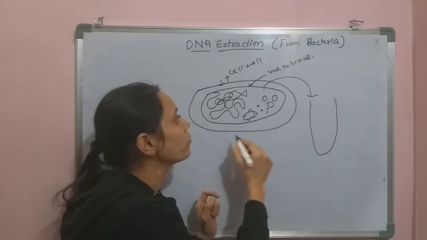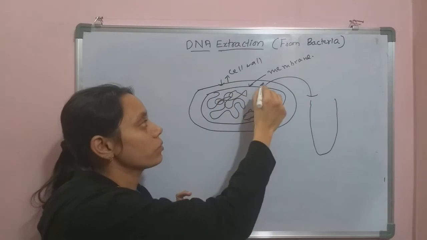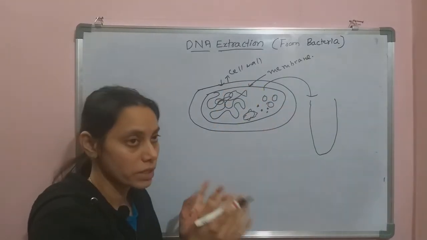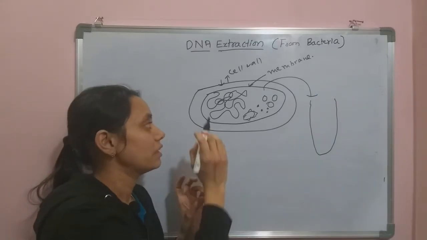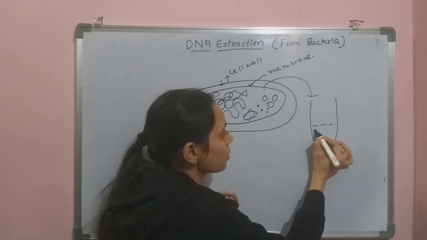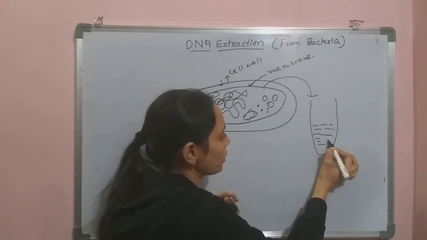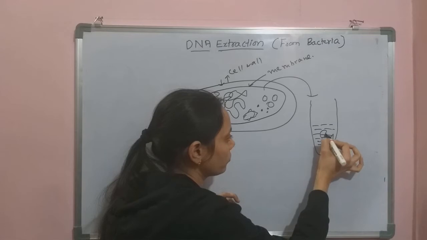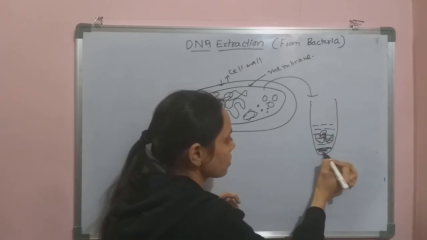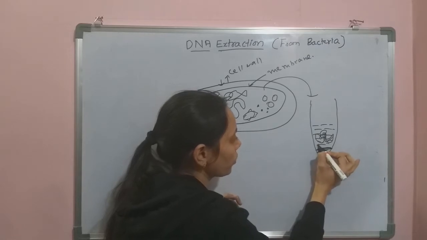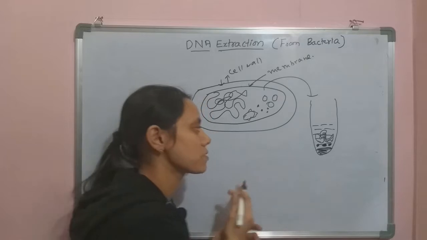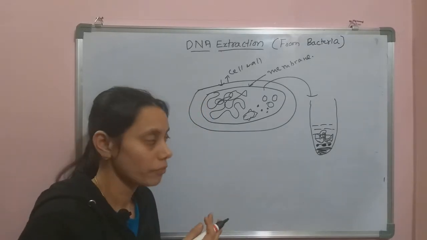By disrupting the cell membranes and breaking the cell walls, the whole cell lysis process makes the DNA come out into the solution. So the solution now contains the DNA suspended, along with cell debris, some biomolecules and cell components.